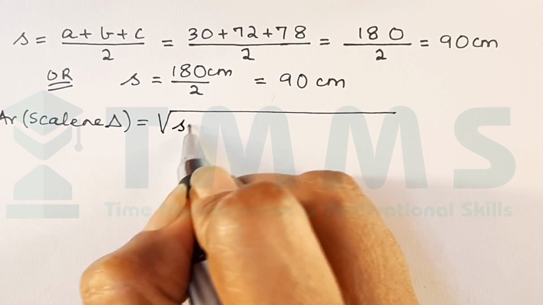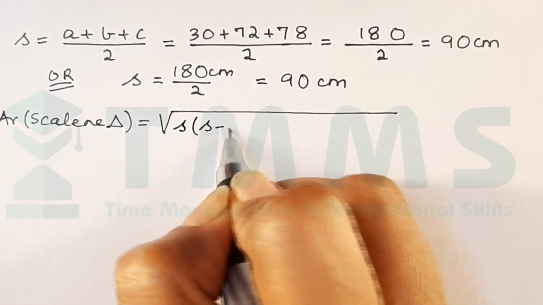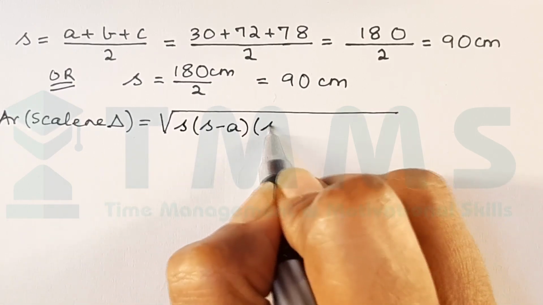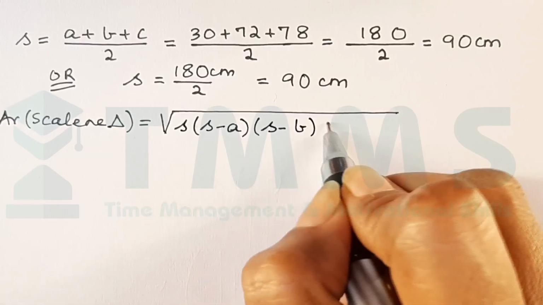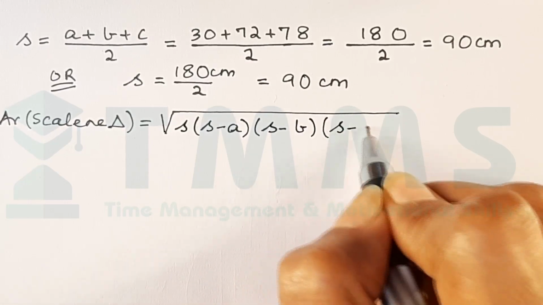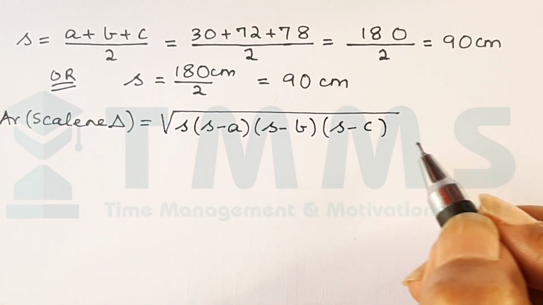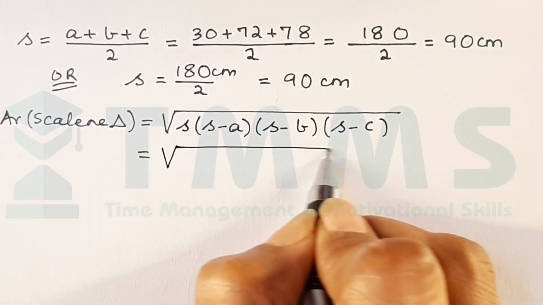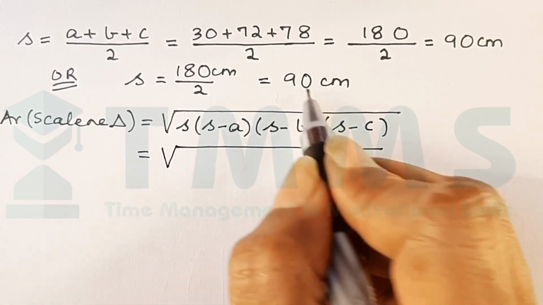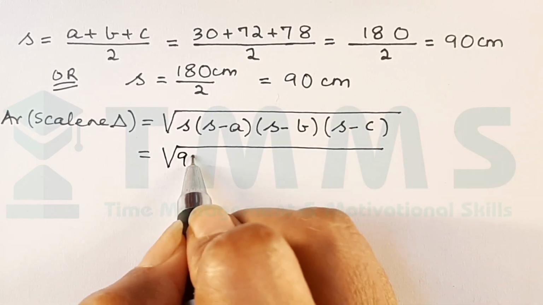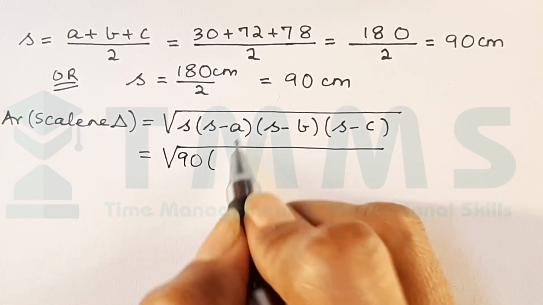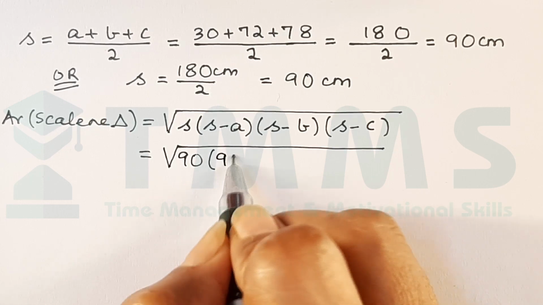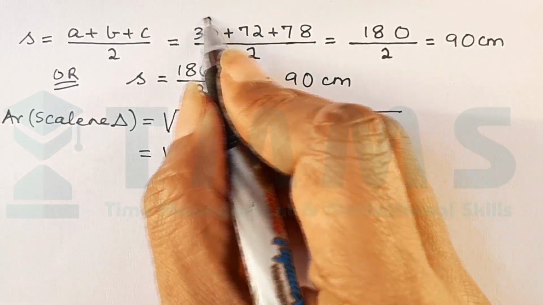Come on, speak with me. S into (S minus A), second bracket, (S minus B), correct. And the third bracket, come on, say it with me, (S minus C), correct. So that will be equal to under root. Come on, let's substitute. What is S? 90. Into bracket, S minus A means 90 minus the first side. What is our first side?